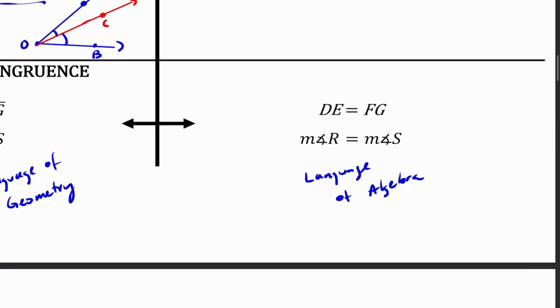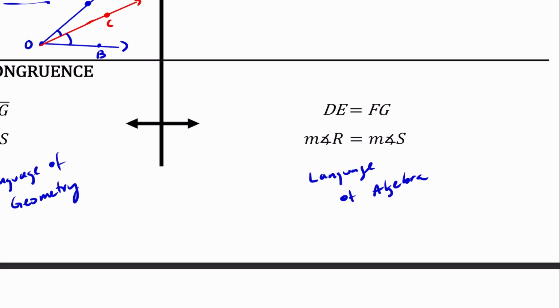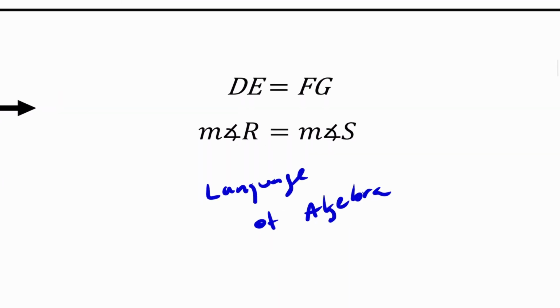And then over here, this is in the language of algebra. When you're talking about numbers, or values, when you're solving equations, you are referring to the language of algebra. So this is saying the measure of DE is equal to the measure of FG, or DE is equal to FG. Measure of angle R is equal to the measure of angle S. See, we don't use the segment bars, we get rid of them and refer to numbers and such.